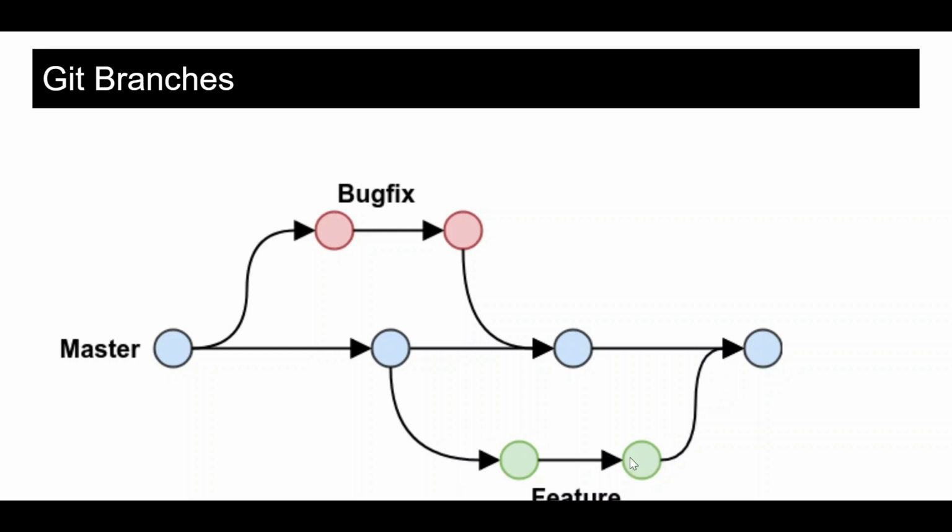When we are sending our changes into master, before that we want someone to do a code review. So we create a merge request or pull request, and someone does the code review of our changes, and if that person, or multiple persons, are satisfied, then only those changes will be merged.